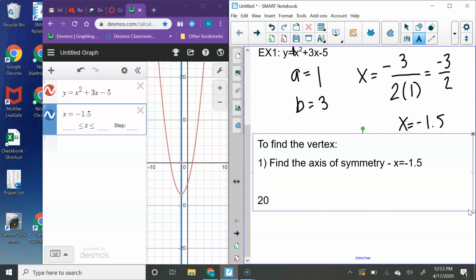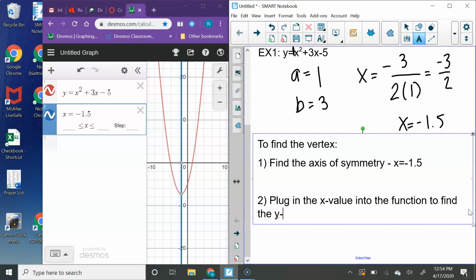The second thing we're going to do is plug the x value into the function to find the y value.